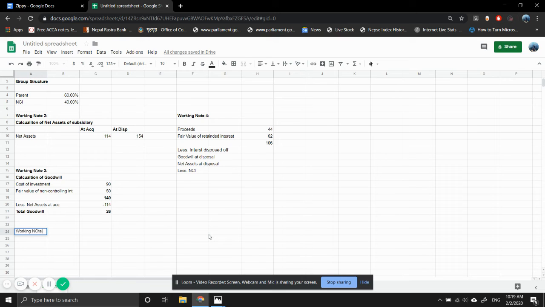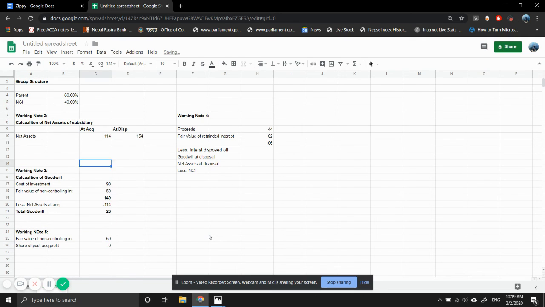Working 5. Bold it, because we need to find out the NCI percentage as well. Copy, paste, share of post-acquisition profit, right? Post-acquisition profit being, I'll just copy this figure into this figure.